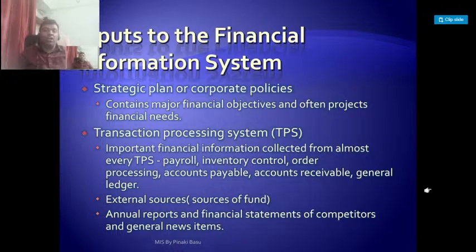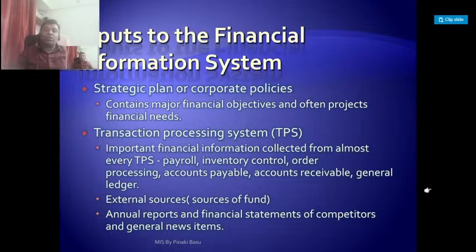TPS is a regular activity, like you have taken an order from somewhere or given an order to someone, or you have paid something, received something, inventory is there, order is there. Whatever activity you record in a journal, the first-hand activity, all comes under the transaction processing system.